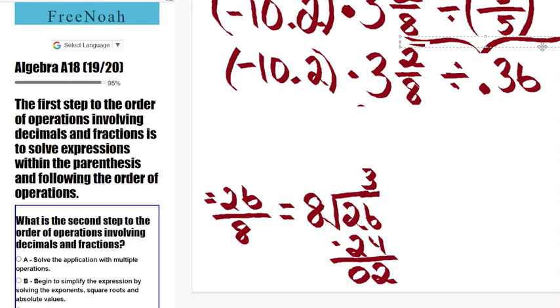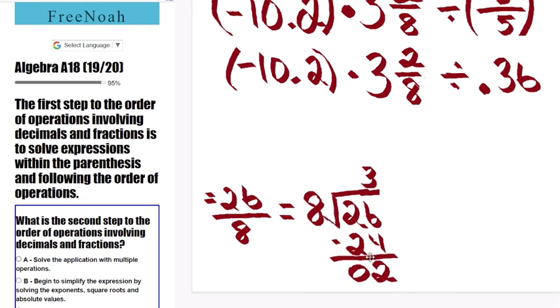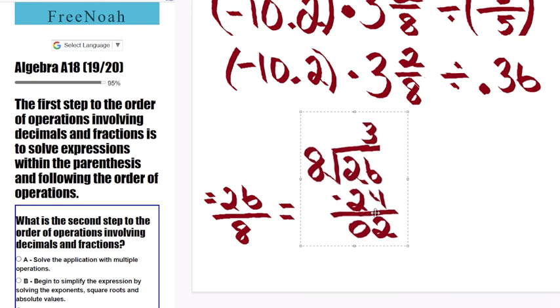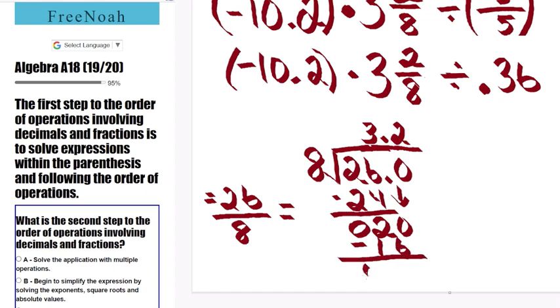And we're also going to rewrite in the exact same location where we place our decimal point on our dividend on our quotient side. There we go. Perfect. Now we bring down a 0. Now we're left with 20. 8 goes into 20 twice. 2 times 8 is 16. And now 20 minus 16 is 4.